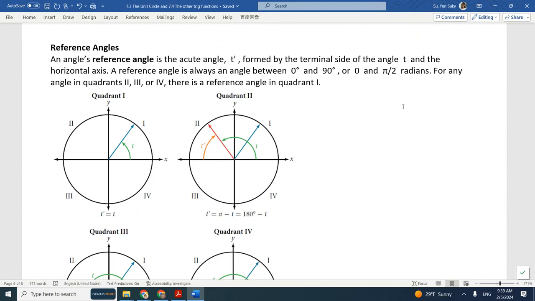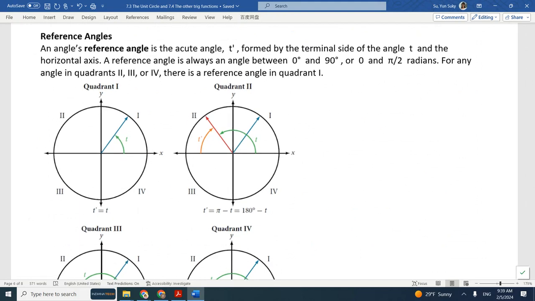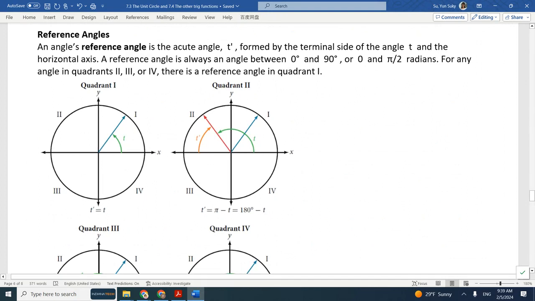Okay, and reference angle is a general way to help us relate the angles or the trig functions of other quadrants to the first quadrant.